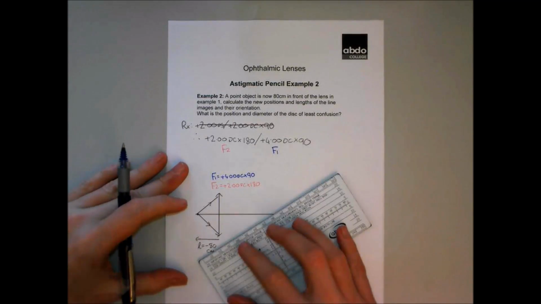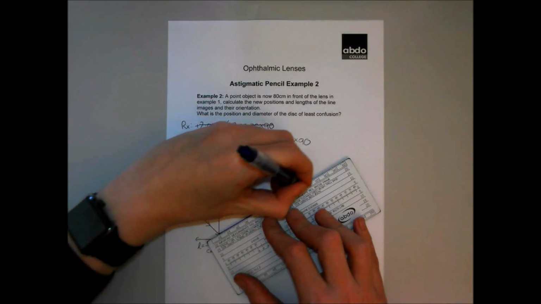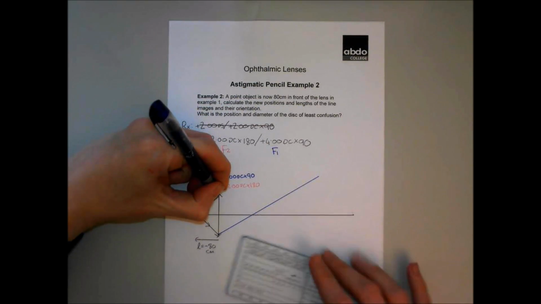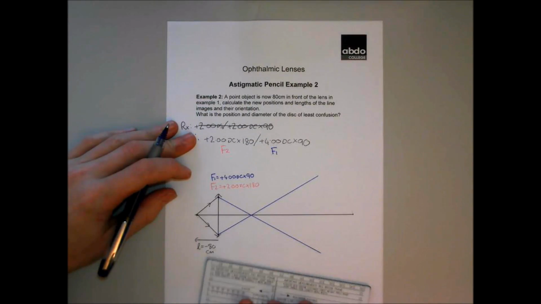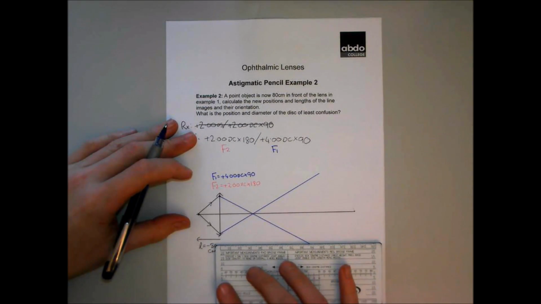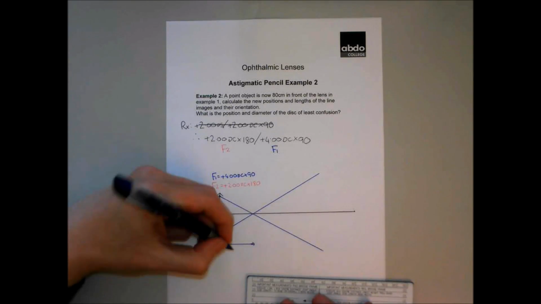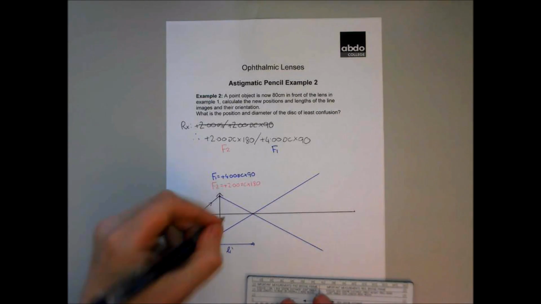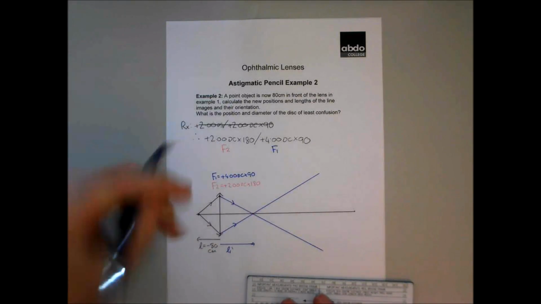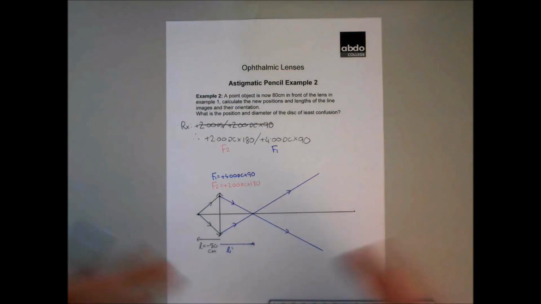Now, F1 is the stronger power. Strong power, short focal length. It's going to bring light to a focus at an arbitrary point relatively close to the lens itself. So I'm going to call the distance from the lens to its focus little l1 dashed. And that focal point is important. We know that light doesn't just stop when it hits a focus, it will carry on, pass through, and keep diverging from that point.